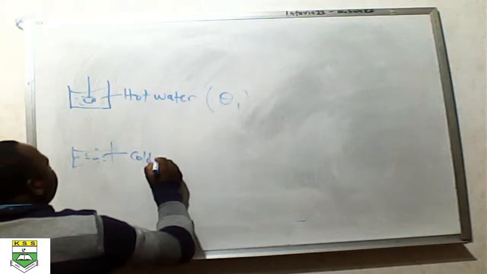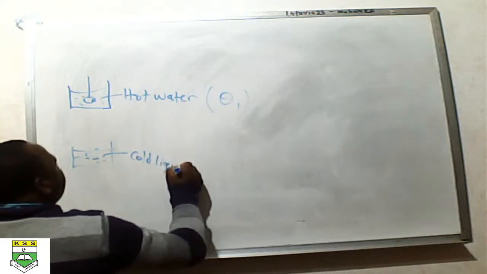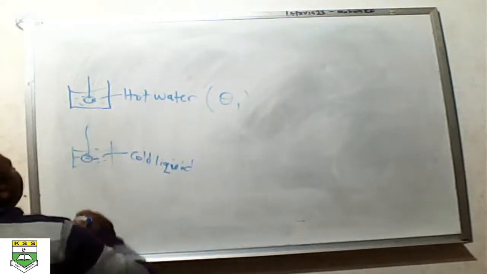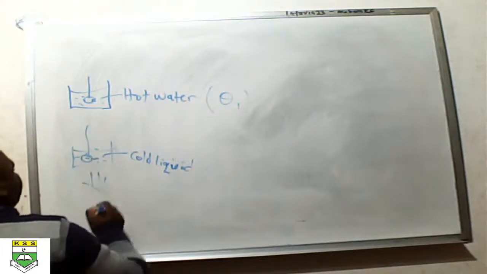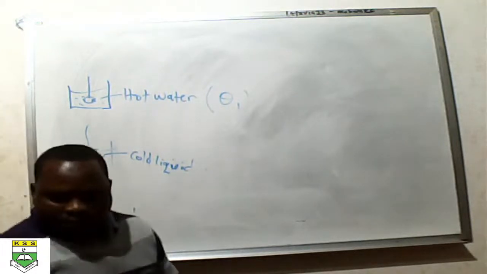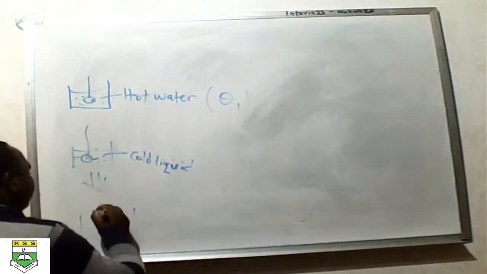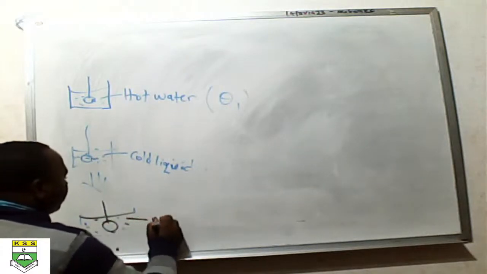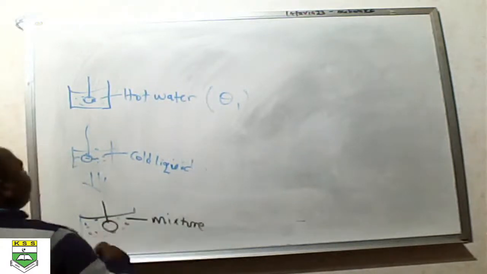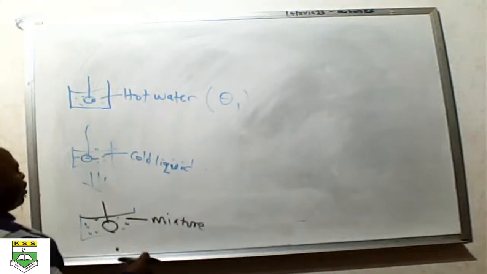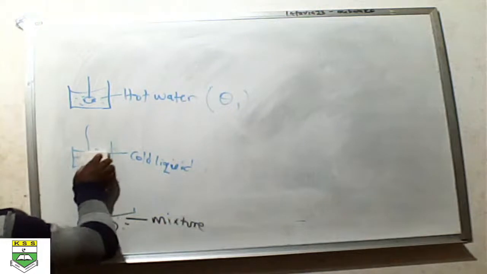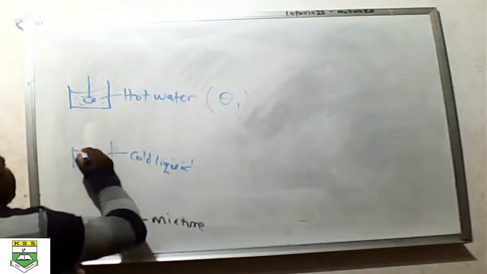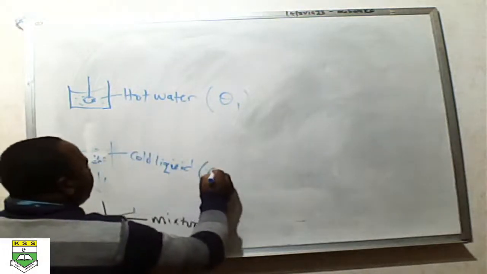If you bring this hot substance here, it will form a mixture. The cold liquid, before you bring in the hot substance, is at this cold temperature. Here I'm going to say that the cold liquid is at temperature θ2.